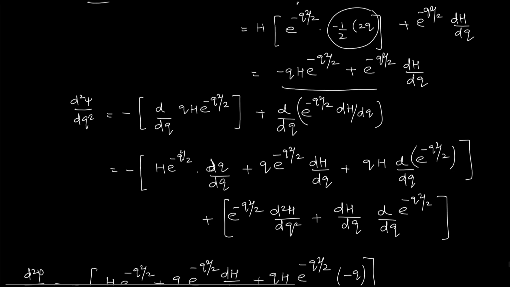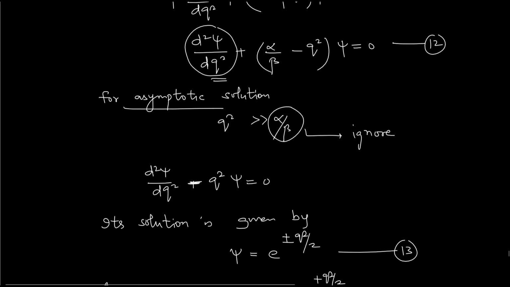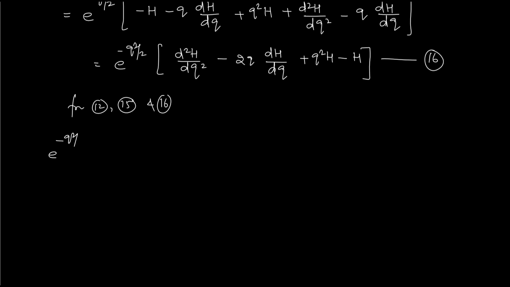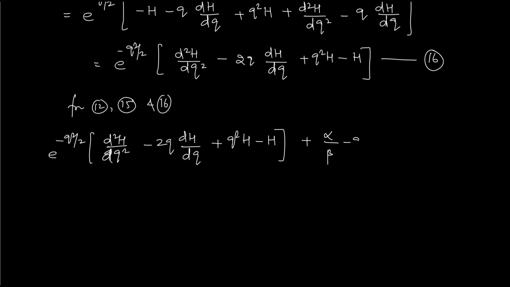So from 12, 15 and 16, if we substitute all the terms, q square by 2 d2h by dq2 minus 2q dh by dq plus q square h minus h plus alpha by beta minus q square h, e raised to power q square by 2, is equal to 0.